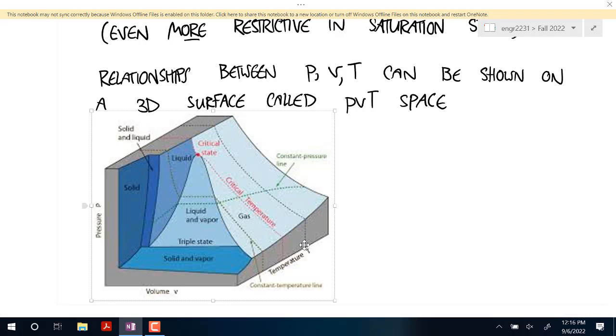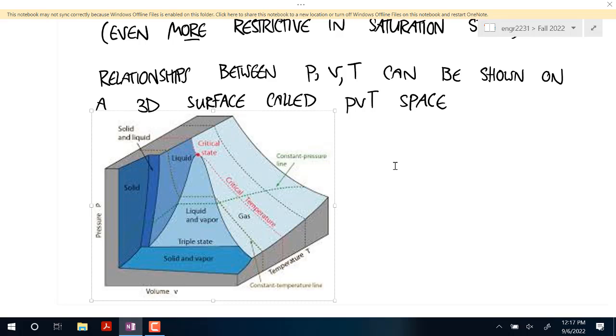Let's just take a second to try to get our bearings on what's going on here. The vertical axis is pressure, the horizontal axis is volume, and temperature is increasing as you go back and to the right. This whole surface does not represent a single process.